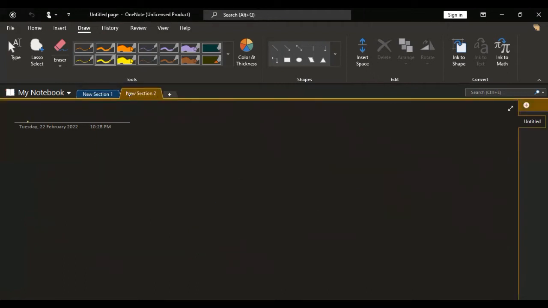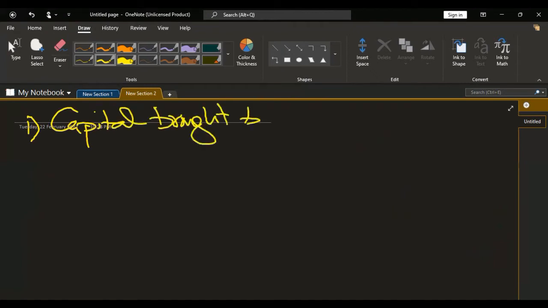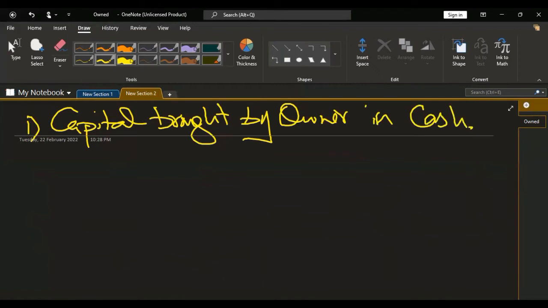The first example we are going to study is capital brought by the owner in cash. In the previous class we already discussed what two items will be affected.